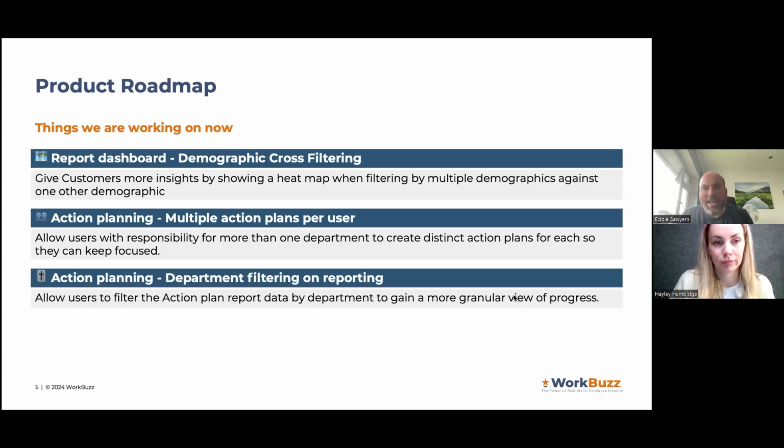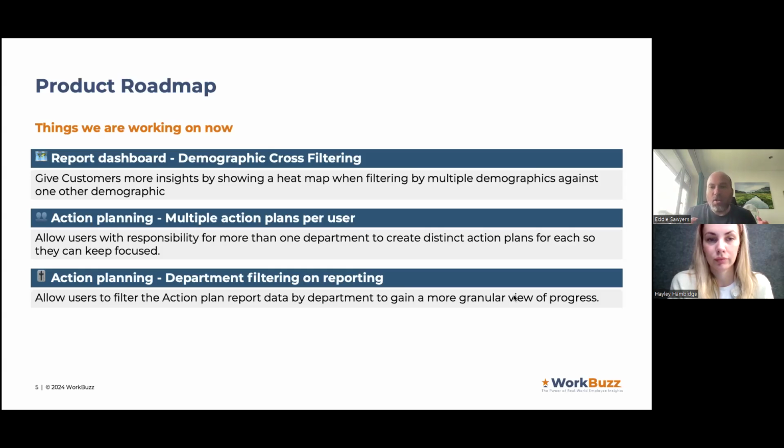To go hand in hand with that is department filtering. So those of you who've got action planning at the moment, the reporting of action planning is at the top level. So you can see how many goals have been created, how many action plans there are, who's doing well, who's focusing on what, but that's at a top level. What we're introducing is the ability to filter that down.